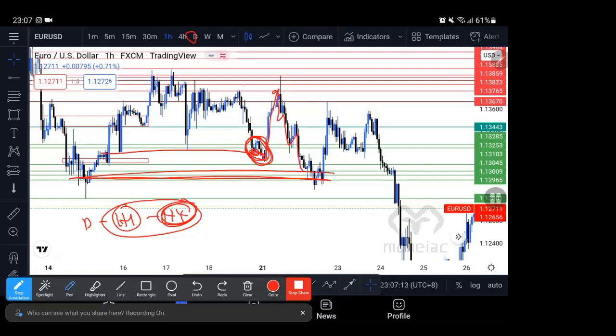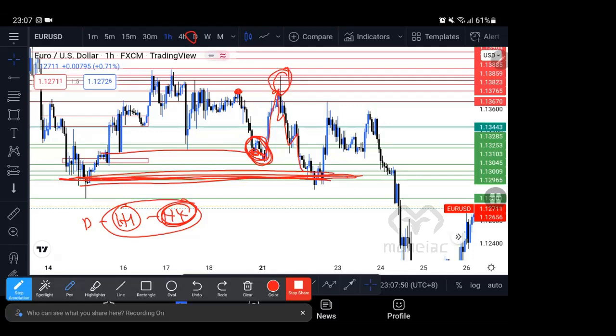So my entry around here is something like less than 20 pips, but it's okay for me because I'm very confident about this setup, because on the bigger view, I've seen that there is a possibility the price will break this level, and that's why I'm taking entry over here.